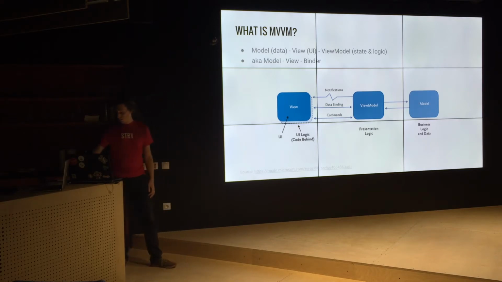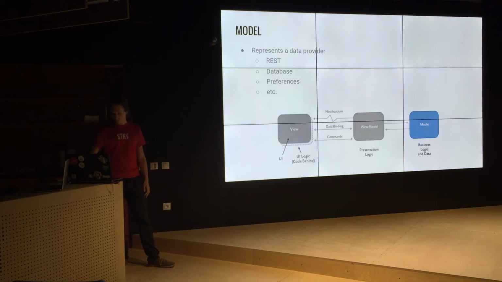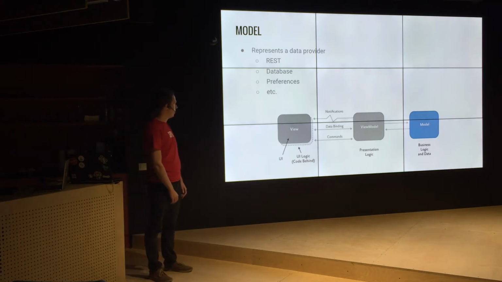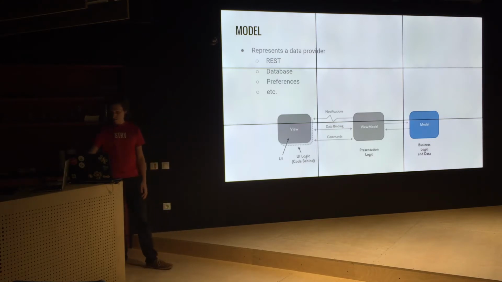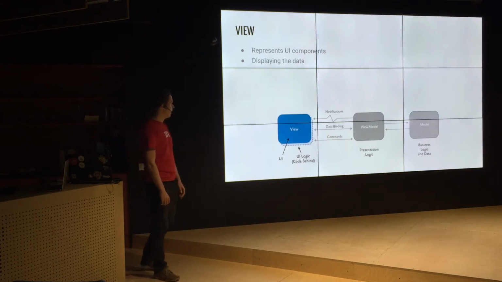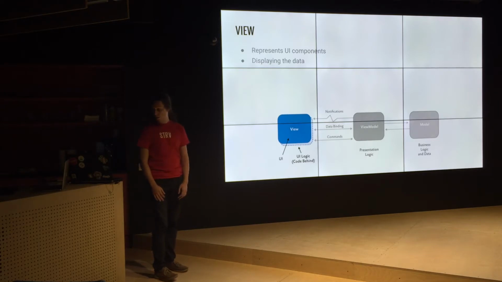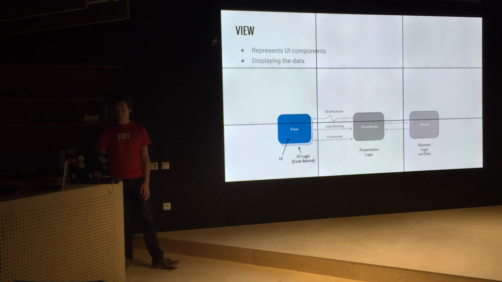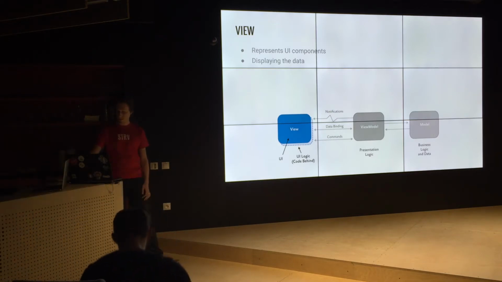Okay, so now I will tell you more about model. Model represents a data provider. It operates with data, and those data can be retrieved from different sources, like, for example, REST API, database, preferences, etc. View represents UI components, and its main purpose is to display the data on a screen.